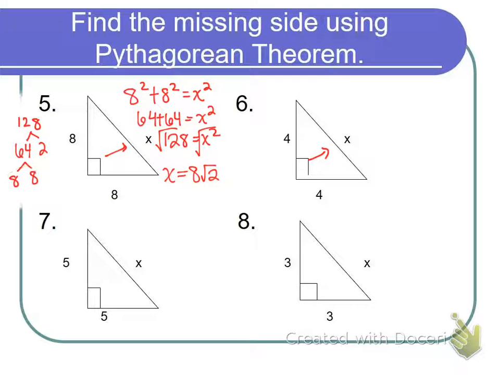So if we were to keep breaking these down, 2 and 4, 2 and 4, 2 and 2, 2 and 2, we have 1, 2, 3 pairs of 2s. 2 times 2 times 2 is 8. This 2 up here is lonely. So no matter how we do it, we should get 8 root 2. Any other questions about how we got to 8 root 2?